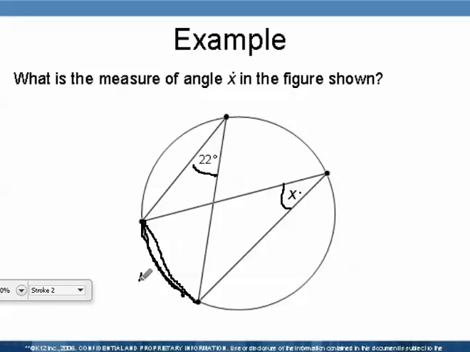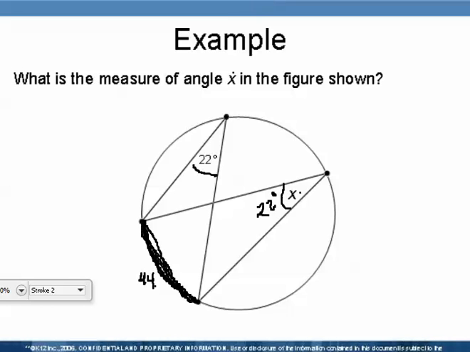That makes this arc 44 degrees, and half of this is 22. That means this angle over here must be 22 degrees. That's how you can use this. It's one of those cute little tricks that a lot of times surveyors use, and other people use over and over again to make certain they've got the correct angles.